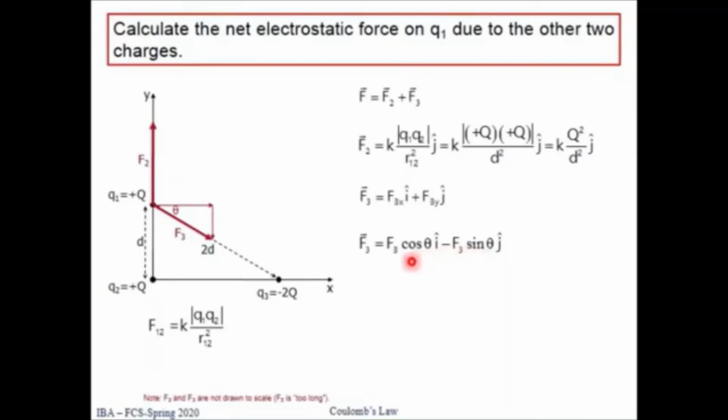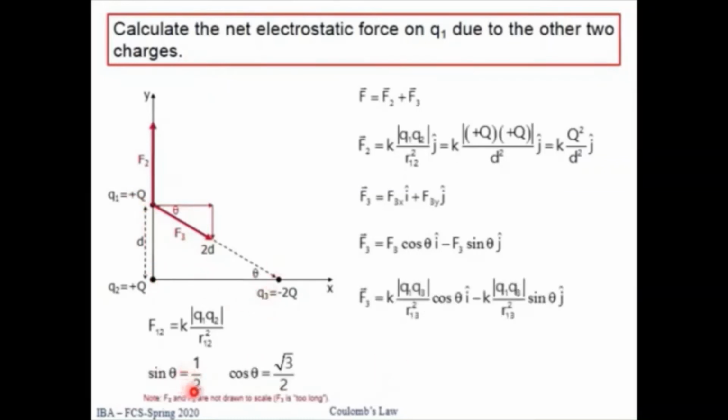So in this case, we need to find F3, which is the magnitude of the force between Q1 and Q3, that can easily be determined through Coulomb's law. However, cos theta and sin theta can also be determined from this triangle, because you already know that sin theta is equal to half and cos theta is equal to root 3 by 2.